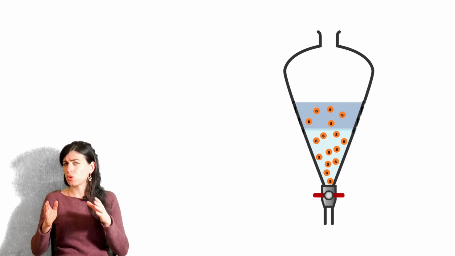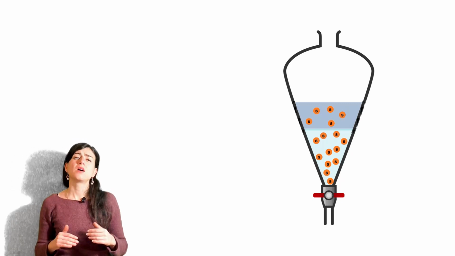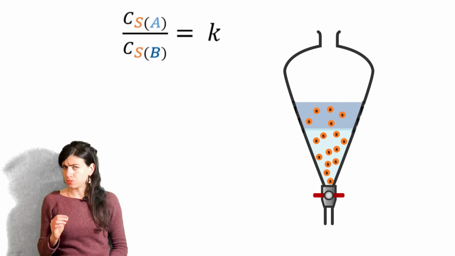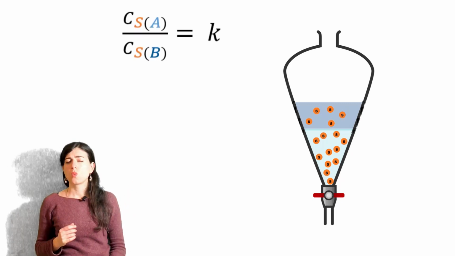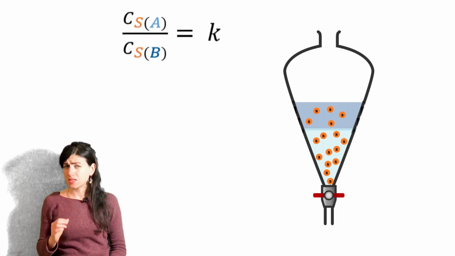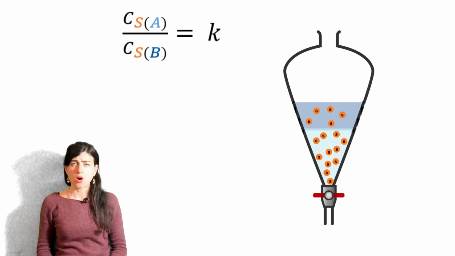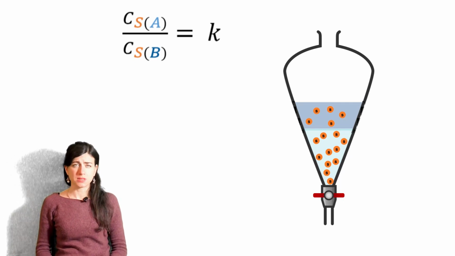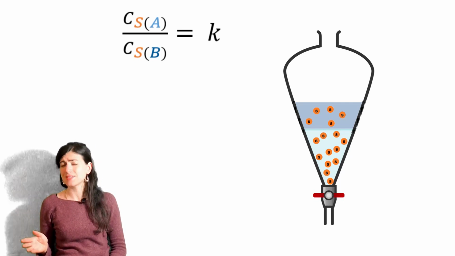The migration continues until the equilibrium is reached. So we can write this equation that you can see here, where CSA is the concentration of the substance S in the liquid A, and CSB is the concentration of substance S in liquid B.